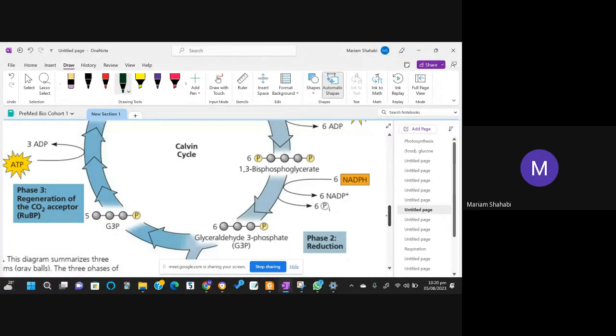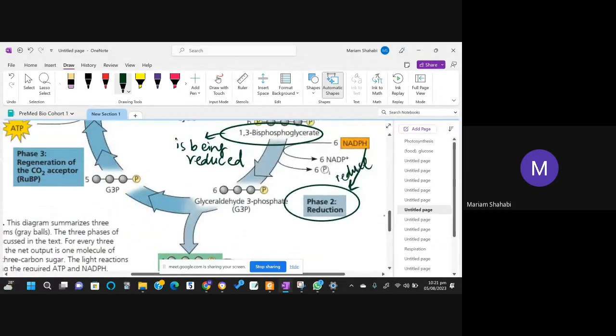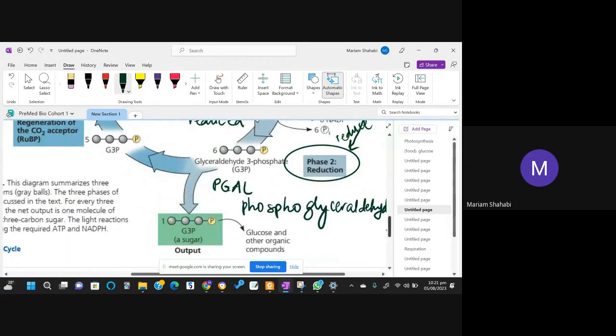1,3-bisphosphoglycerate will be acted upon here, where NADPH comes and loses its electrons again to become NADP+, okay. And then reduction is happening here. This phase is called reduction. Why? Because NADPH is coming and it will reduce this compound. 1,3-bisphosphoglycerate is being reduced to glyceraldehyde 3-phosphate, also known as PGAL or phosphoglyceraldehyde. And then phosphoglyceraldehyde is the output basically.